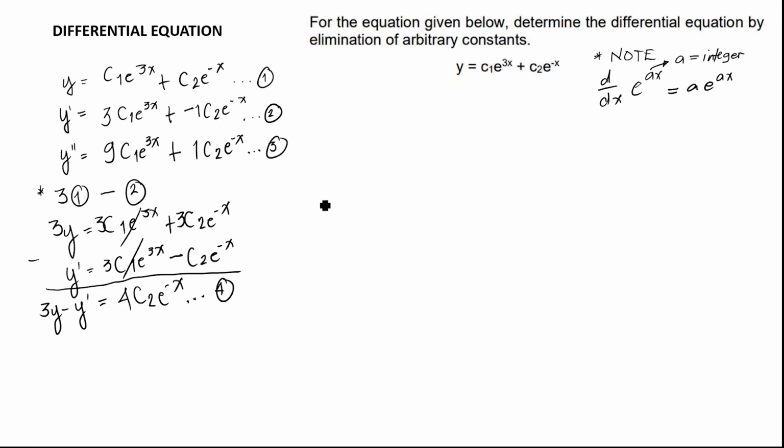Next, we'll multiply equation number 2, then subtract it from equation number 3.